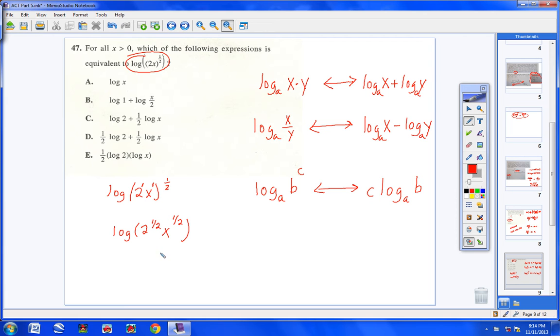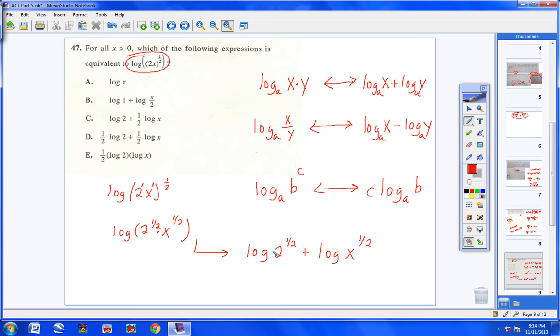Now, next, what did I show you up here? When you have an argument in which there's multiplication, you can split it up into the sum of two logarithms. So 2 to the 1/2 times x to the 1/2 would be the same thing as the log of 2 to the 1/2 power plus the log of x to the 1/2 power.